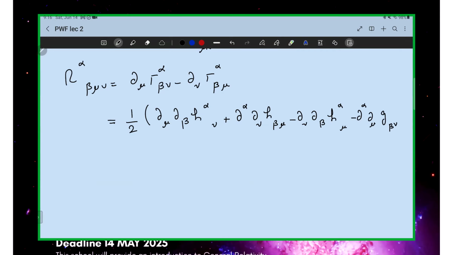Now you can use the contraction of these two indices, alpha and mu, to write down the expression for the Ricci tensor. And it turns out to be something like this.